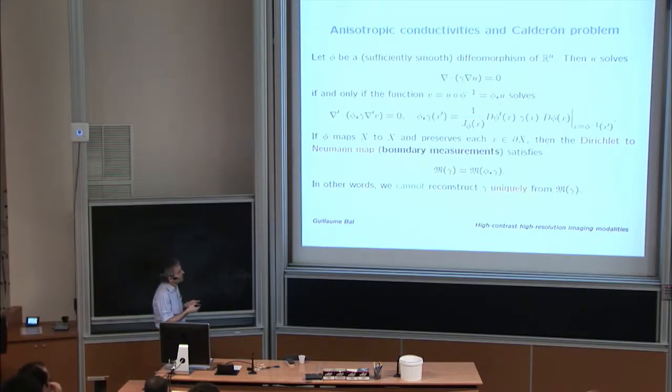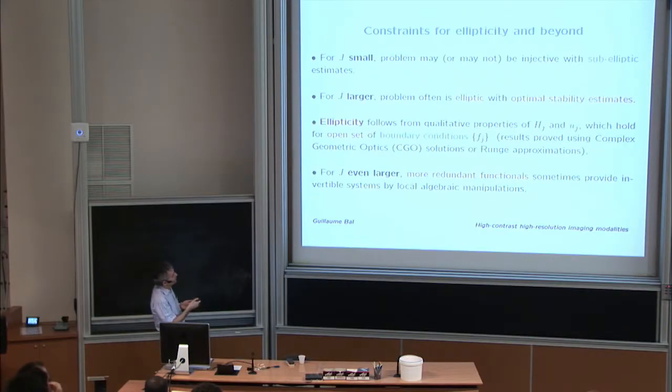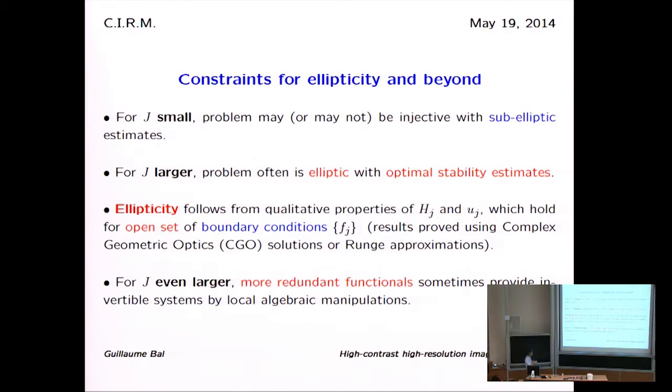What this buys us by having more functionals, more solutions, is that at some point the information is so redundant that local algebraic manipulations, which are not easy, give us explicit reconstructions of the coefficients or something that's close to the coefficient. So that's one point I wanted to make.